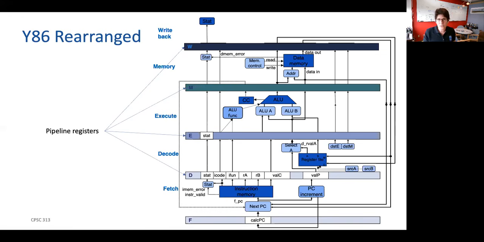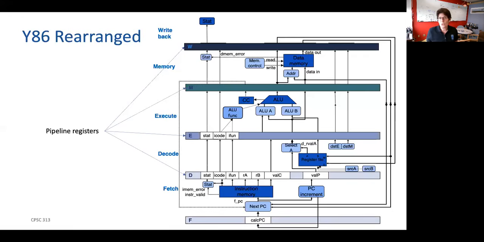How about the icode? If you remember from the implementation, we wanted that icode signal all over the processor because everybody needed it. So we need it in the execute stage too. What about ifun, the function? This is where we really need it, because we have to tell the ALU what function to execute. But what about rA and rB? Those are register numbers.